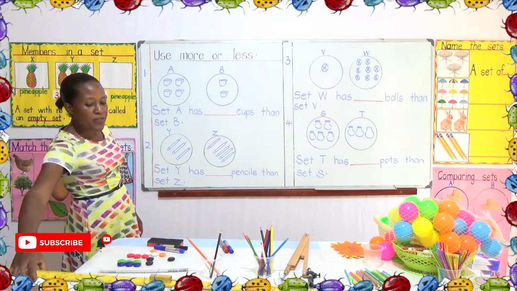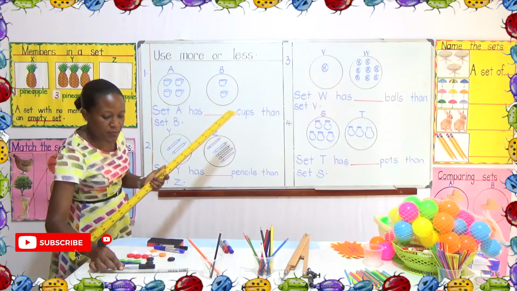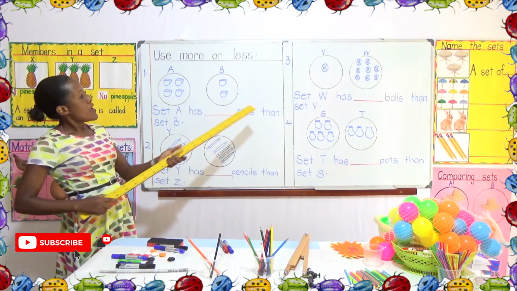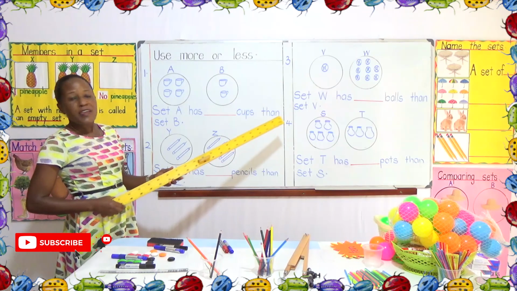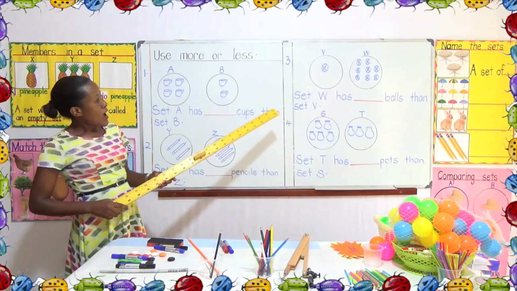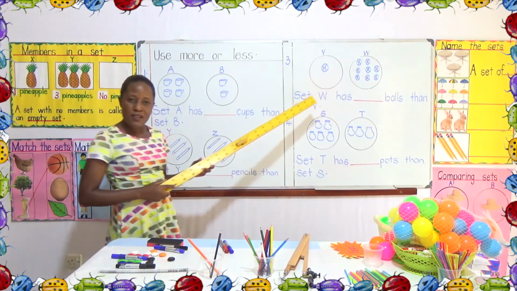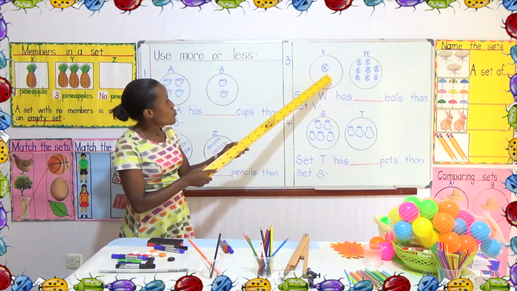We go to number 3. Number 3 has 2 sets, set V and set W. And look at the balls. Let's count the balls in set V. It has 1.